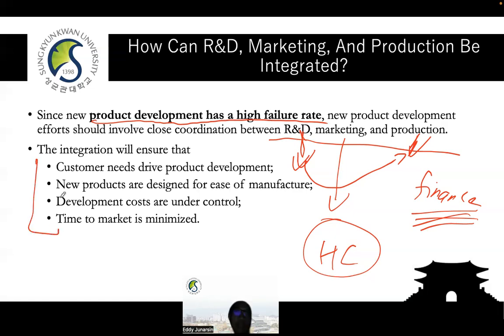So all the factors here have to be incorporated, have to be taken into account. We couldn't neglect one function, or prioritize a certain function at the expense of the others. That doesn't work, right? To increase the value of the firm.